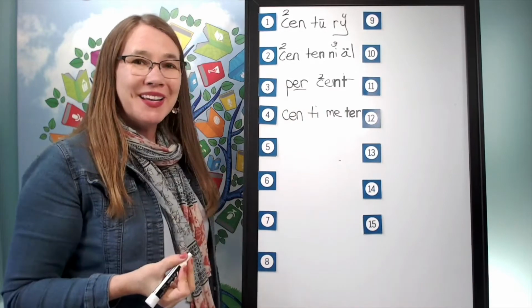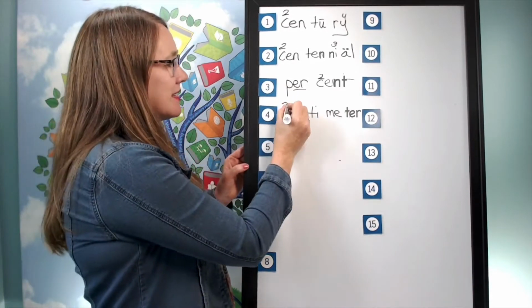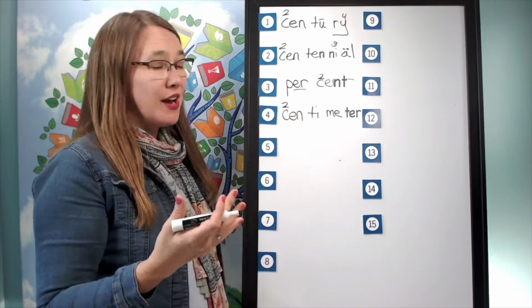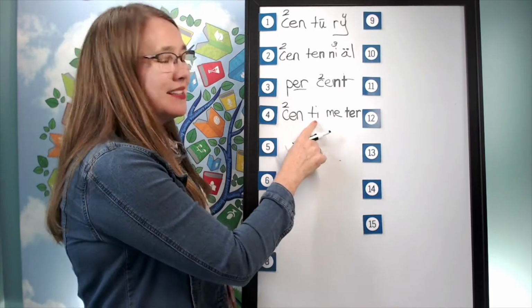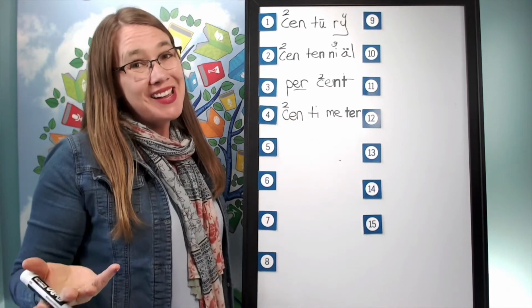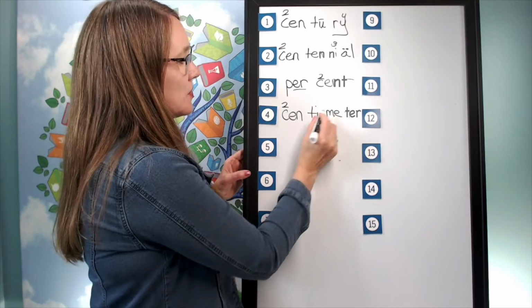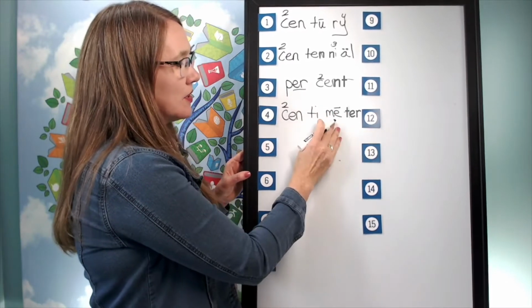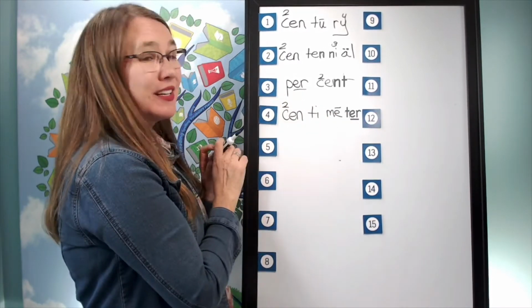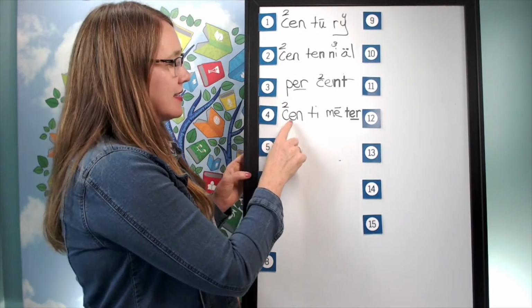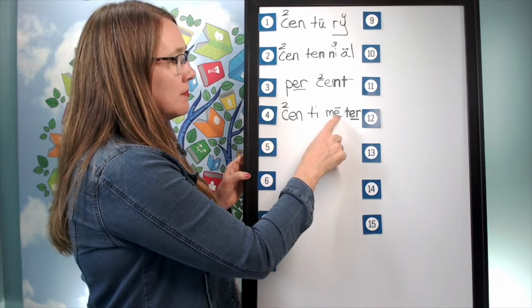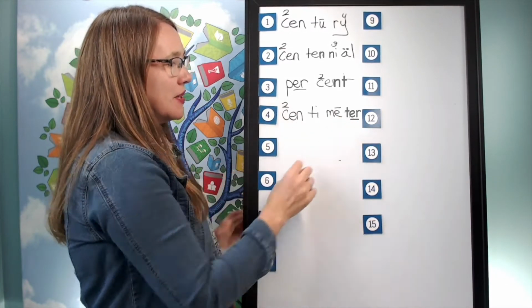And how will we mark it? Well, C is softening to S before an E, I, or Y. How about T? I and Y may say I or I at the end of the syllable, so there's no marking here. We'll put a line over the E and we'll underline the er. Let's read it. S, E, N, T, I, M, E, T, centimeter.